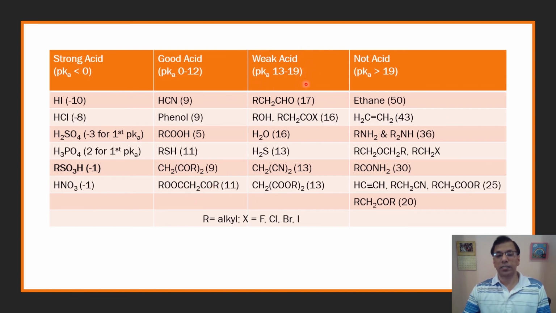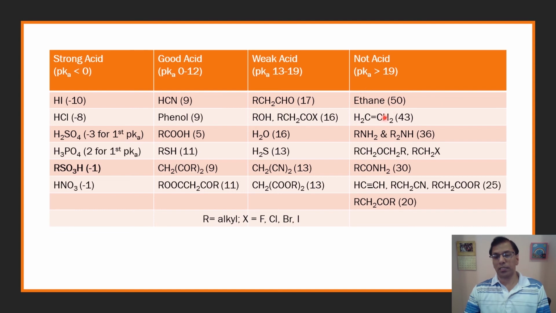Weak acids have a pKa value of between 13 to 19. Water, hydrogen sulfide, alcohols are considered to be weak acids. What's important to remember is compounds that have a pKa value of more than 19 are not acids.